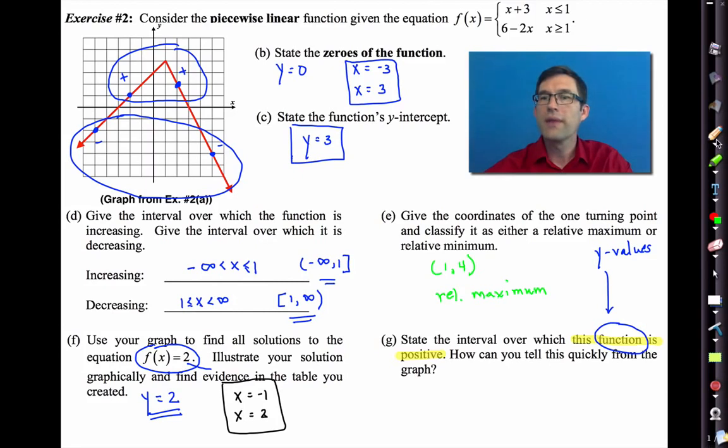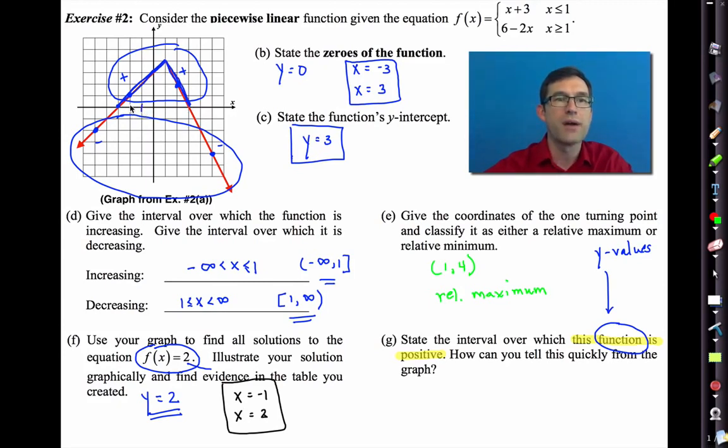So the place where the function is positive, we'll go blue, is everywhere in here, everywhere where it's above the x-axis. This is where it's positive.